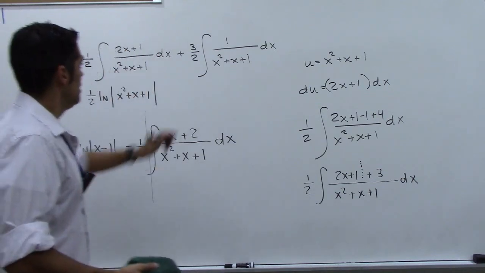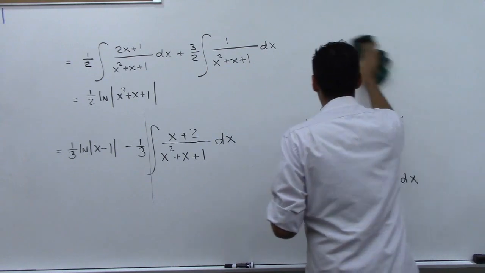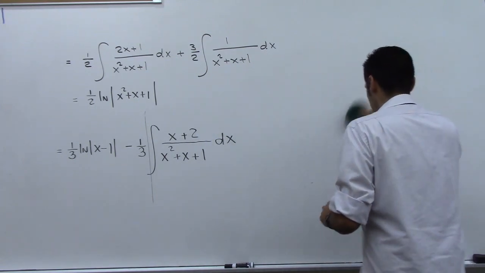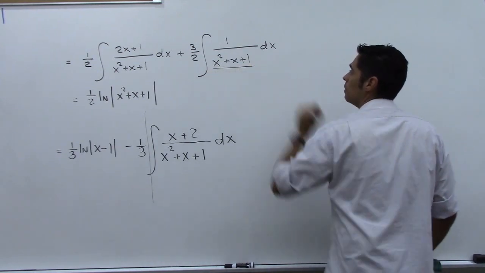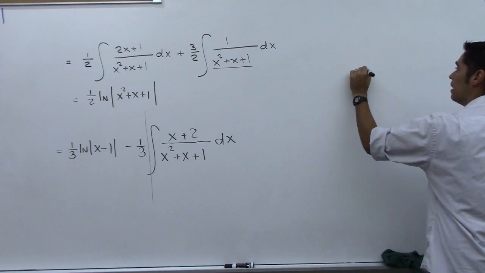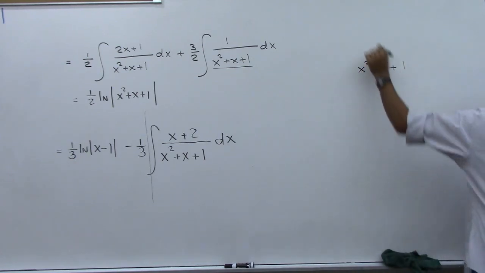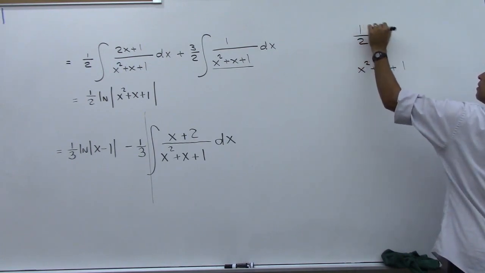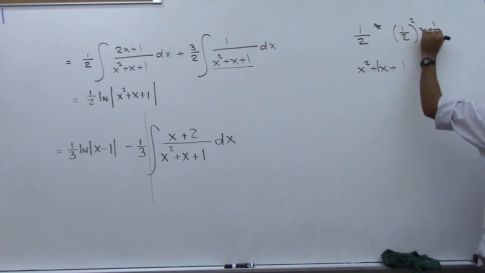All right, this one is going to take a little more work because we have an irreducible quadratic with a constant on top. So that's going to mean that I'm going to need to complete the square here. I take the x squared plus x plus 1. I take the number in front of x, which is 1, divided by 2, and that's my first number. Then I take that number and I square it, which is 1/4.